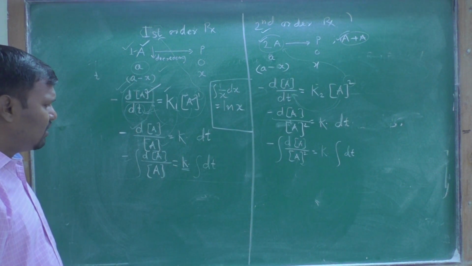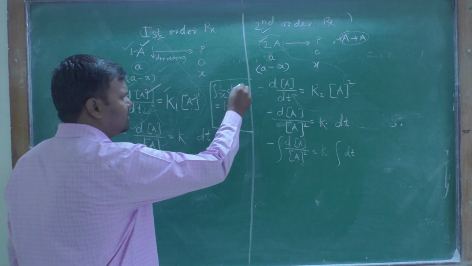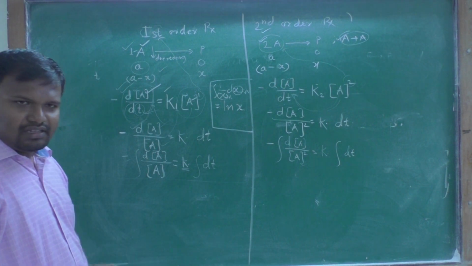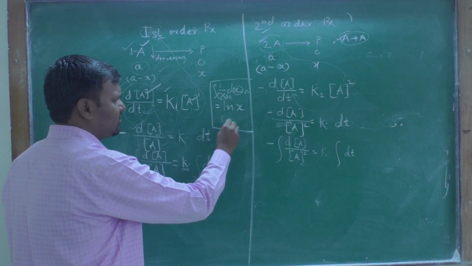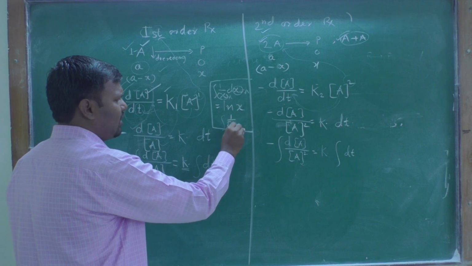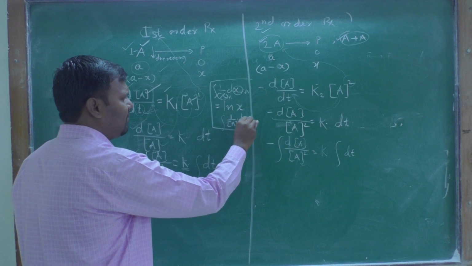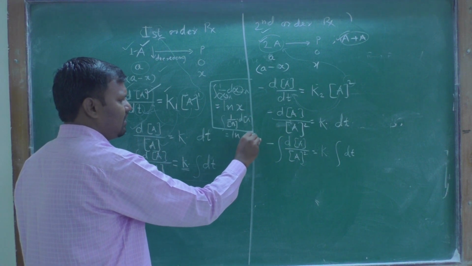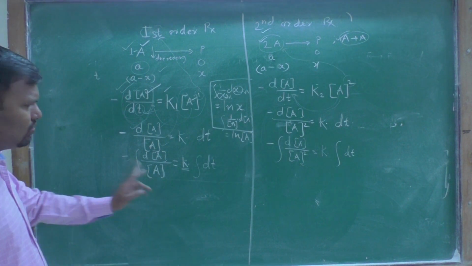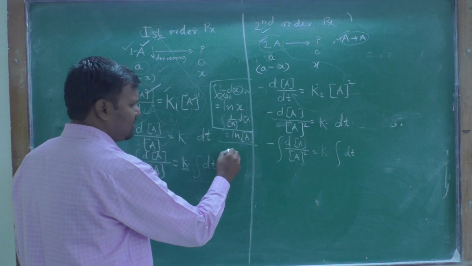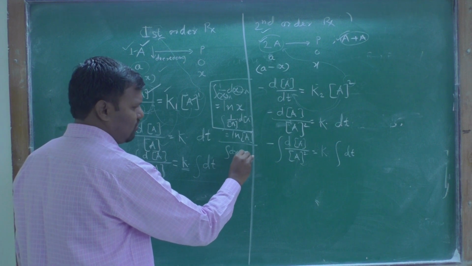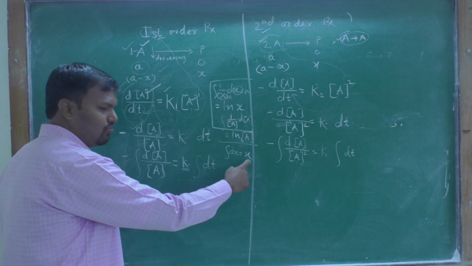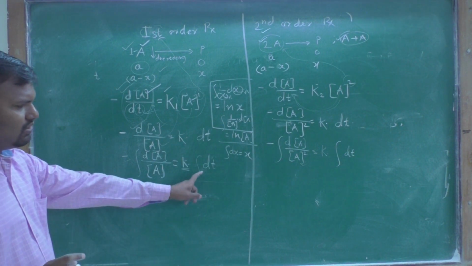For this quantity, your x is A and this is also A. Therefore we can write for this, 1 upon A into dA, by comparing with this, is equal to ln A. This is the solution for this. The second formula is that integration of only dx is equal to x. Therefore for dt, if we replace x with t, the integration of dt is equal to t.